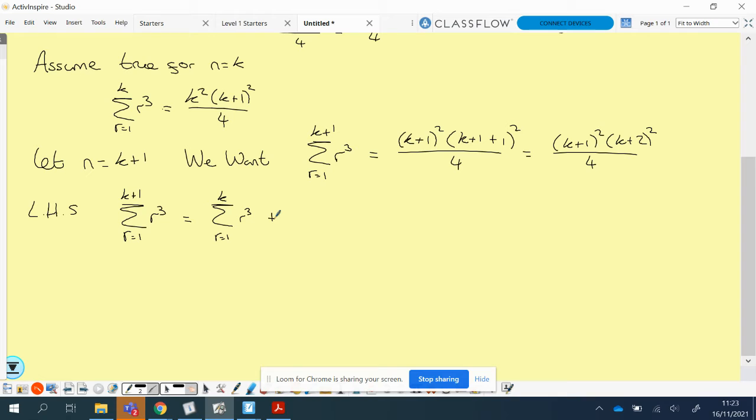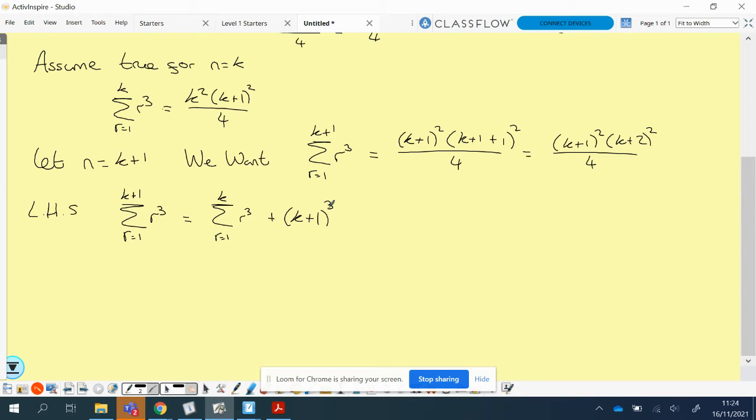Now the k plus 1 term would be if I put k plus 1 into my r here, so it's going to be k plus 1 all cubed. So that's how I've split up that summation. That summation up to k plus 1 is the same as me summing up the first k values and then adding the k plus 1 value onto it. You okay with that step there?